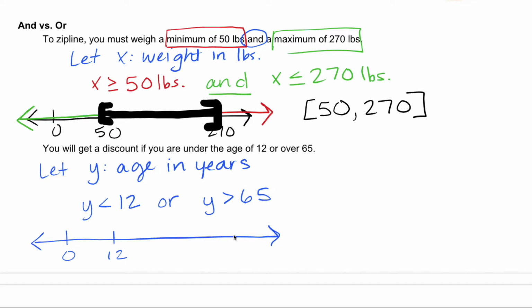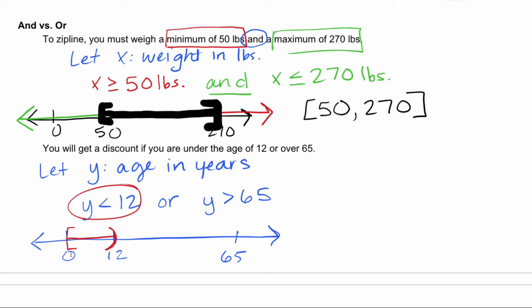So let's talk about y is less than 12, and then we use that parentheses, because we can't be equal to 12, and we go that direction. But can we be less than 0? Can we be negative? No. So we're going to stop there because in context it doesn't make sense to go past 0.